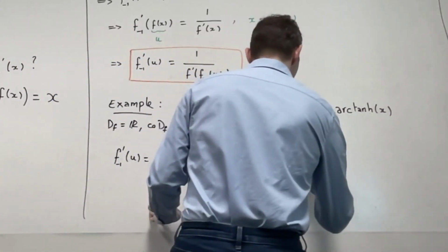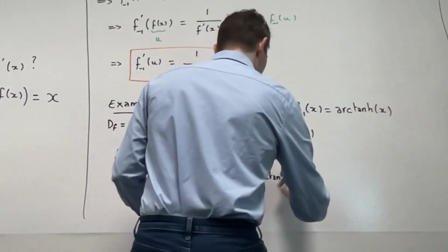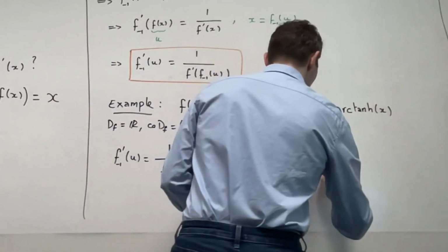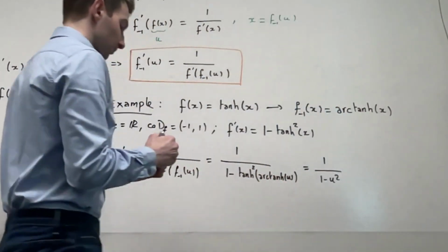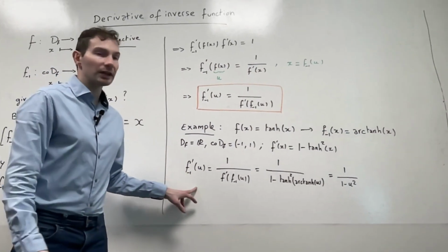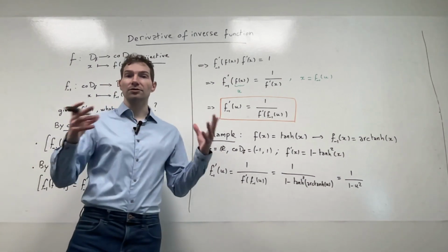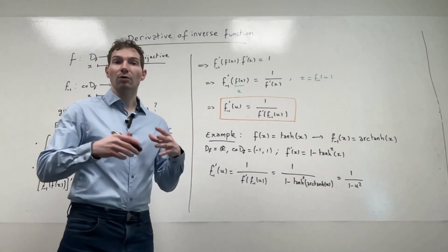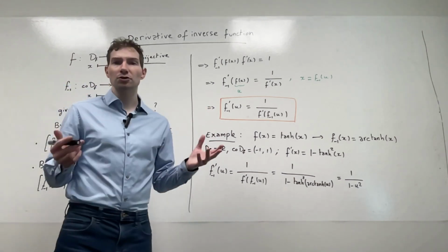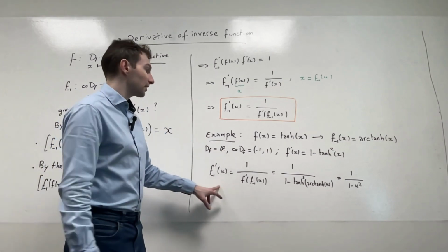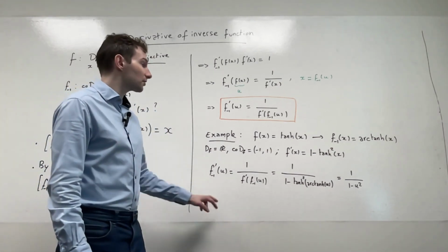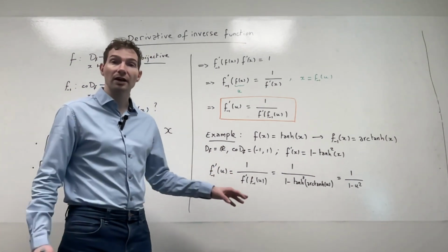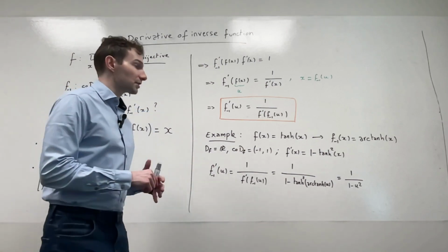And consequently, we get that this is, of u here, u. And so we get that this is 1 divided by 1 minus u squared. Okay, and so this is very useful again, because you may find out sometimes that you've got some integral to perform of, for example, dx over 1 minus x squared, and somehow you're supposed to know by heart that this is basically arctanh prime, so that's the derivative of arctanh, but actually that's one way to get there in case you're not sure what the answer is.